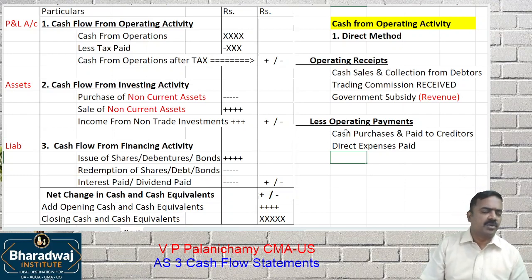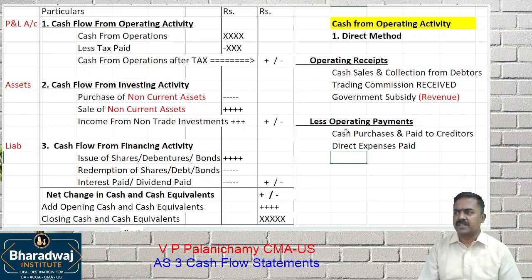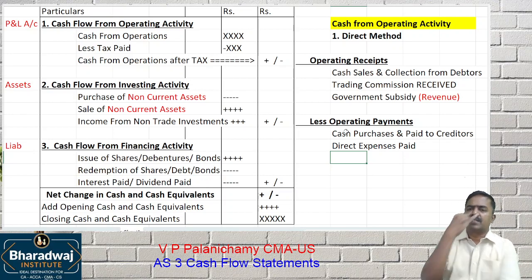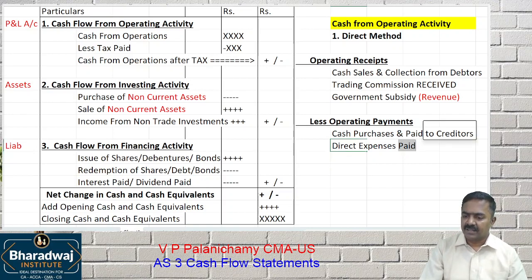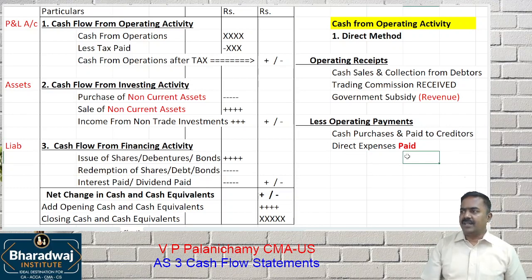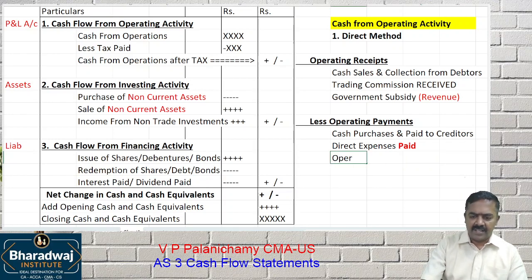We have done branch account. Direct expenses are wages, carriage inwards, manufacturing expenses paid, freight, octroi paid, purchase tax paid, all those things. Only paid should be taken. It can be current year expense, advance expense, outstanding expense, anything paid only will be taken.